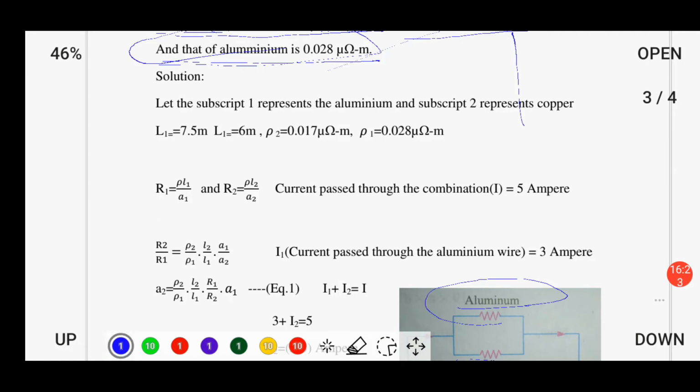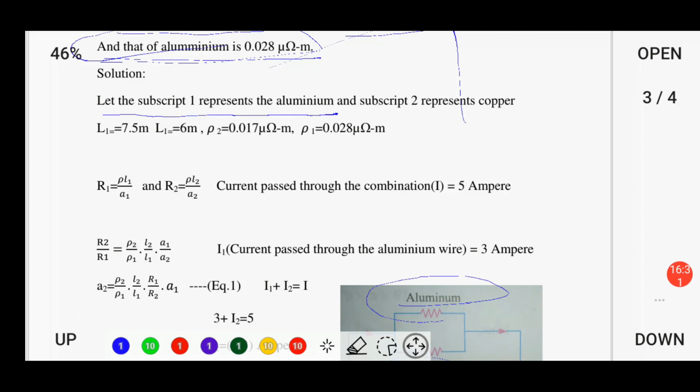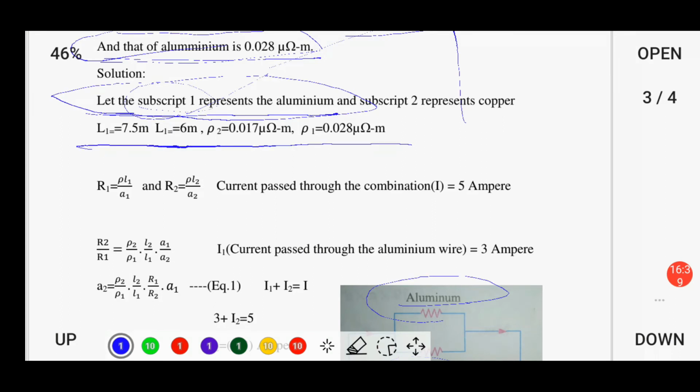First of all, we will put some descriptive points: we will identify the aluminum by subscript 1, and those written with subscript 2 represent the copper.